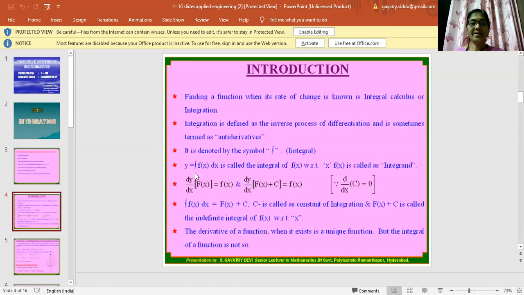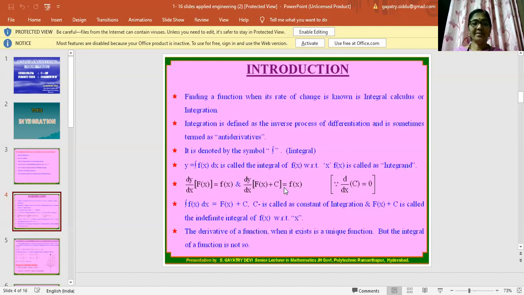Now, y equal to integral f of x dx is called the integral of f of x with respect to x. And this f of x is called the integrand. The function for which you are finding integration is called the integrand.